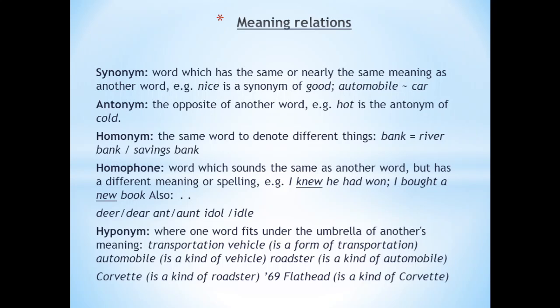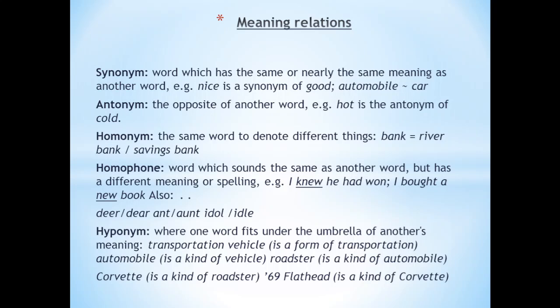The next one is homophone, a word which sounds the same as another word, but has a different meaning or spelling. For example, I knew he had won. I bought a new book.